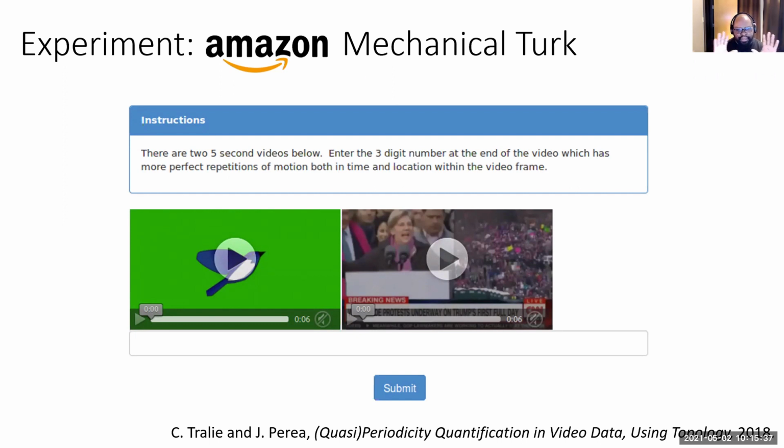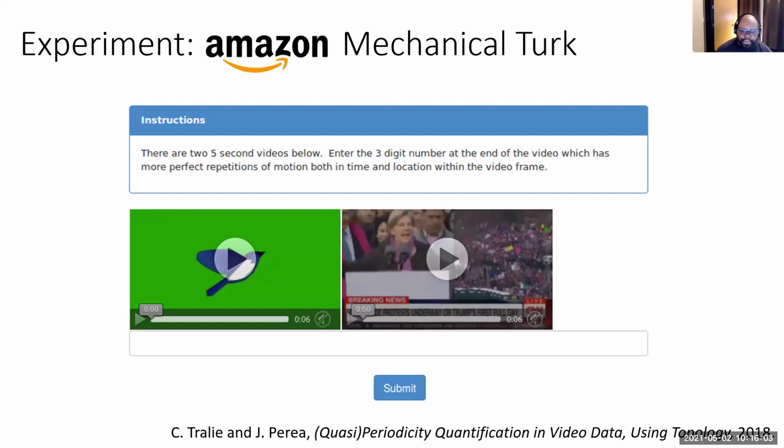The interface was essentially what I'm showing you here. We showed them 2 videos, and the human had to say, I think video A is more repetitive than video B. We did that for a ton of videos, a ton of pairs, a ton of humans. And from that, we got a ranking of the most periodic video to the least periodic video according to humans.